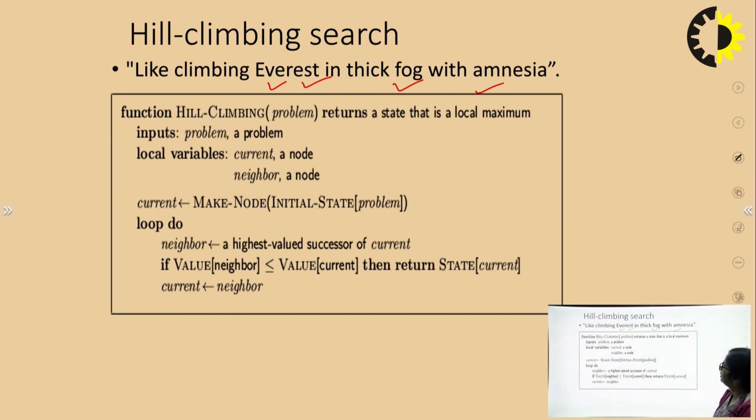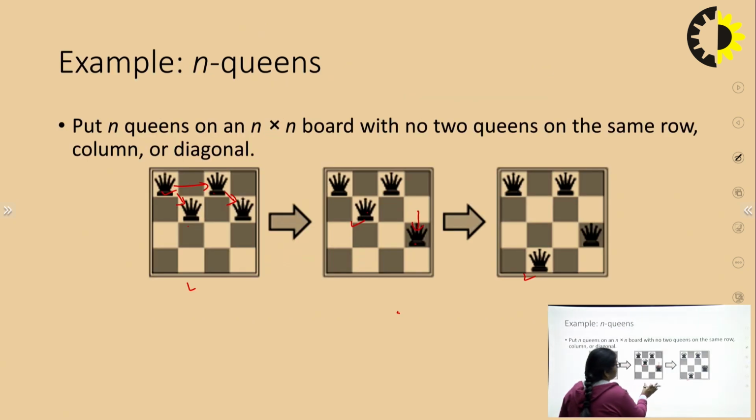Now let us talk about this hill climbing search. If we see this, this is one state, and we have moved queens and then we get this state. So we will take the current state. What are the possible next states? Either I move this queen, or this queen, or this queen, or this queen.